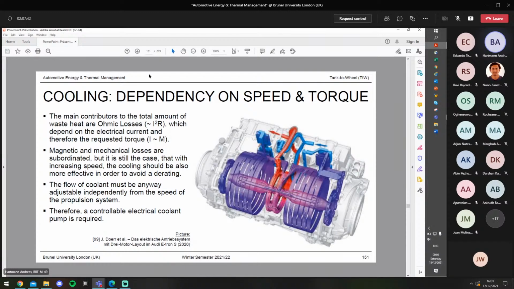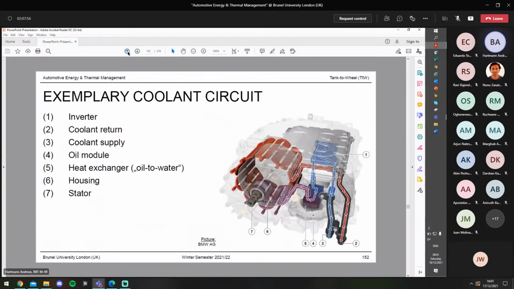So even though the efficiency of the e-motor is comparatively high, maybe 80, maybe 90, you anyway need to cool down the remaining waste heat, and this also applies to the inverter, and as mentioned, to the heat exchanger, which transfers the heat of the gearbox oil to the coolant circuit.